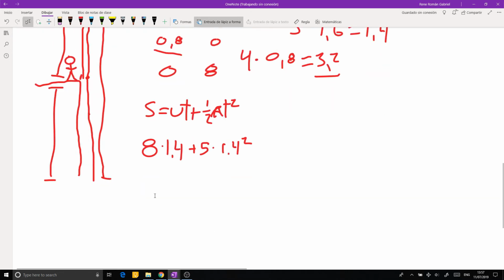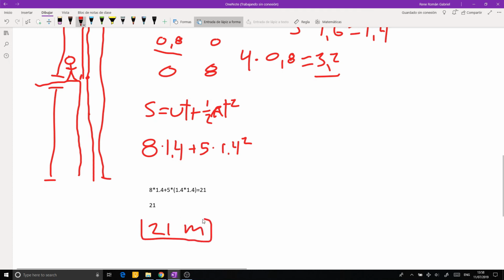Now I'm just going to put the whole thing into the calculator: 8 times 1.4 plus 5 times 1.4 times 1.4, and this would give us 21. So the height of the cliff would be 21 meters.